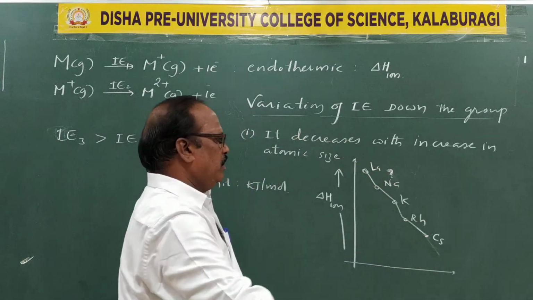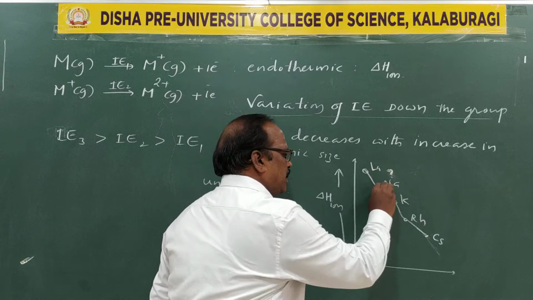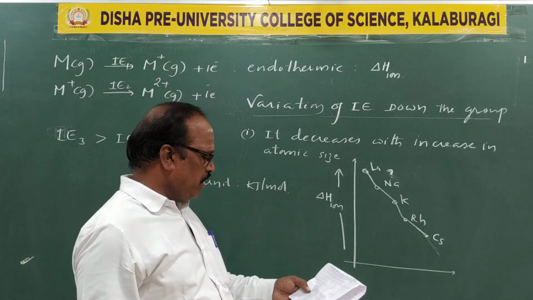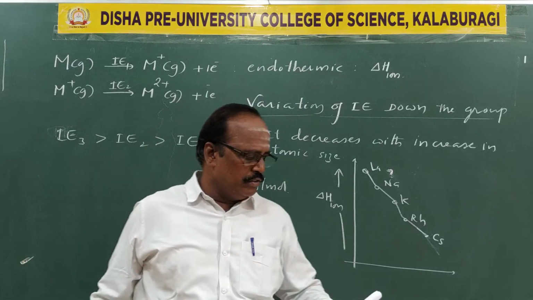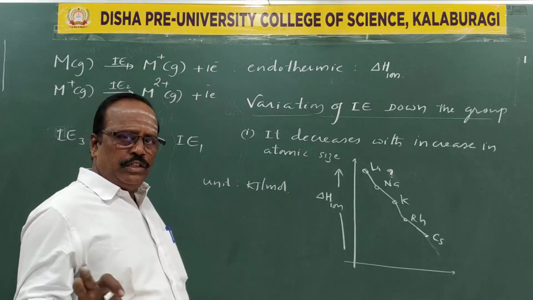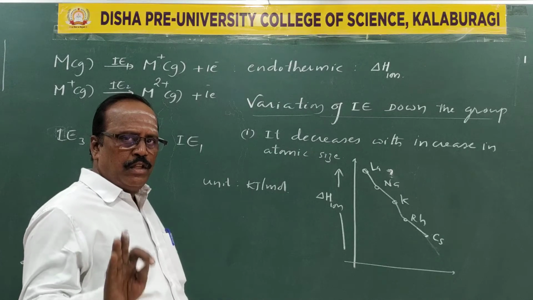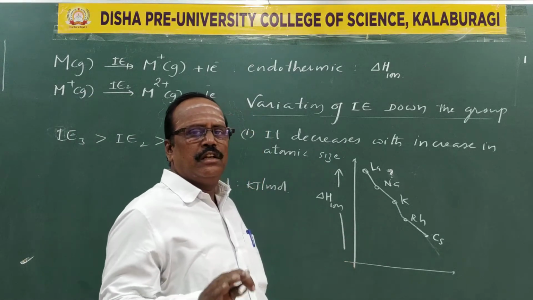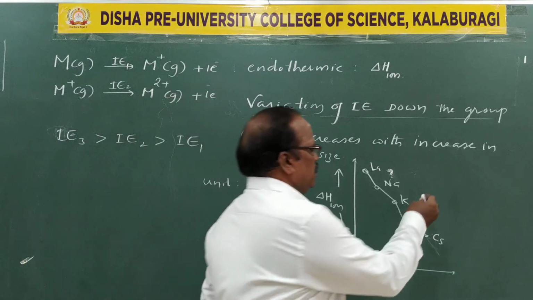So remember, there is a decrease in the magnitude of ionization energy down the group. This is the information. And one more thing to be noted: with decrease in ionization energy, the reactivity goes on increasing.